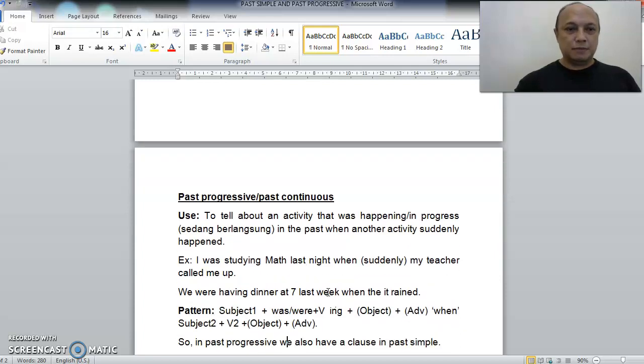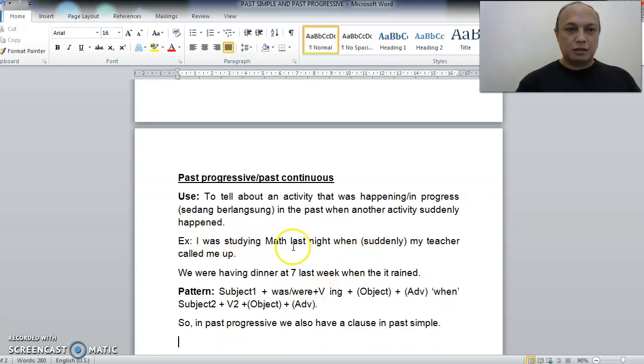For example, I was studying math last night. So the act of me studying math was still going on, was still happening last night in the past, when suddenly another activity happened. And this is my teacher suddenly called me up. You have one activity here in progress, still going on in the past, and suddenly another event, which is my teacher called me up, happened.